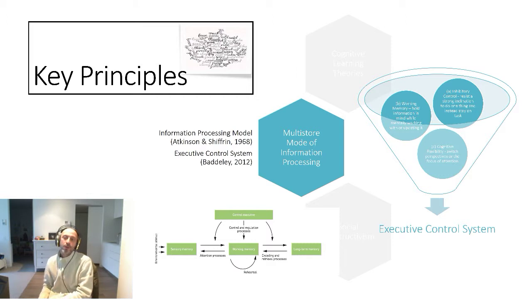And the third one is cognitive flexibility, the ability to switch perspectives or the focus of attention. This is something that develops with age and time, and research has shown that executive control itself plays a big element in academic performance.